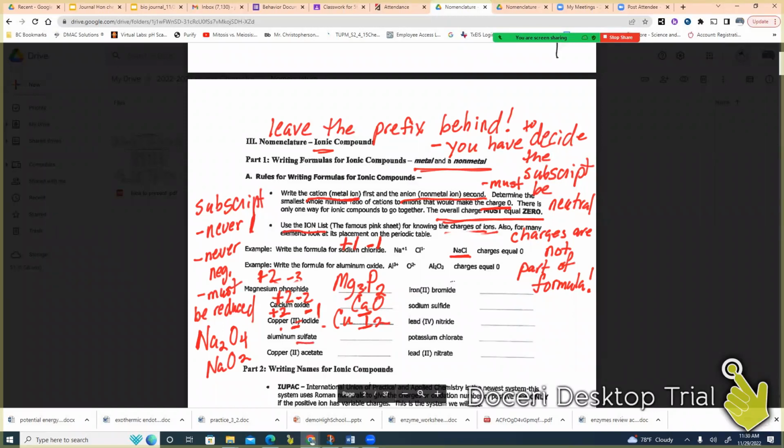Then we have some polyatomic ions. There's several along here, so you're going to be pulling those from the bottom. Remember, they act together as a single ion. If a polyatomic ion needs a subscript, you have to put it in parentheses and the subscript on the outside.